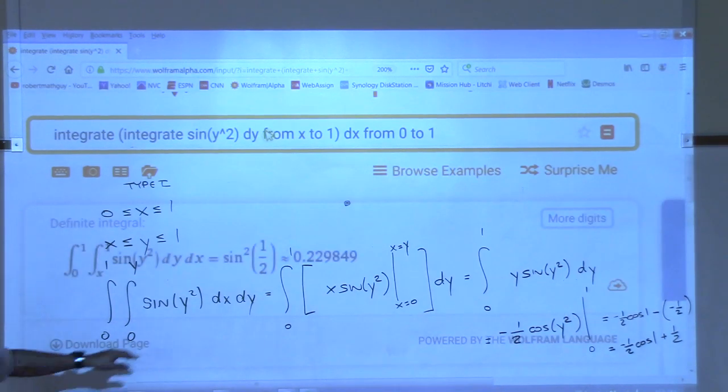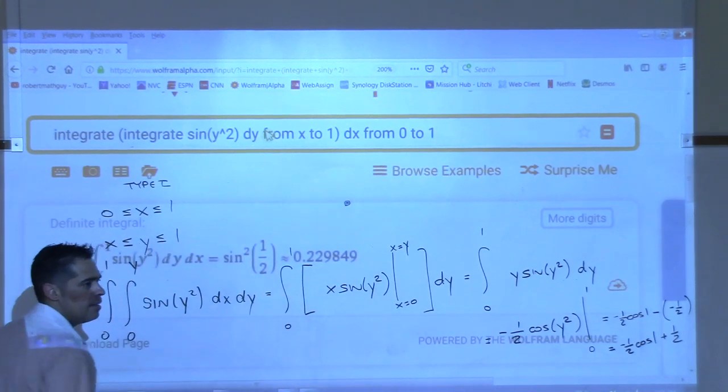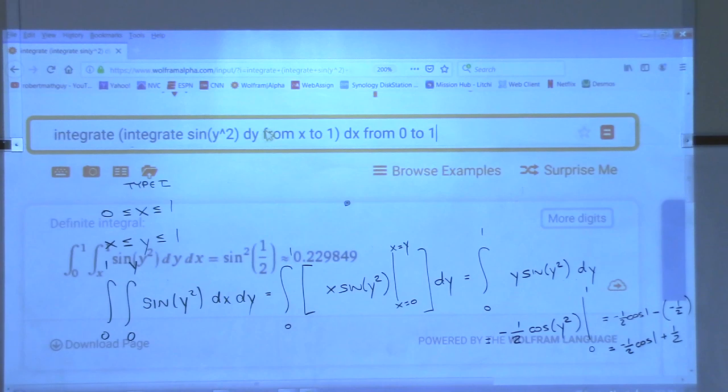Yeah, 0.229849, which is what you got from that? Yeah. So that shows you that when you're looking at a double integral, if it's a tough integral, maybe you can look at the region, maybe it can be switched into a different type of region, and then maybe it'll go a little easier that way.